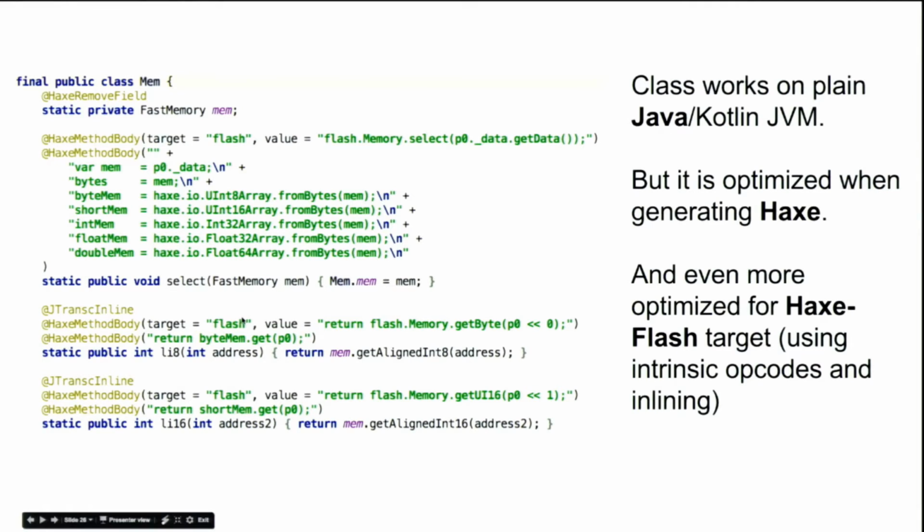So, for example, this class allows to use memory bytecode from the Flash target, and provides a default Java implementation that uses Java NIO, an implementation for all the Haxe targets, and an implementation for Flash.